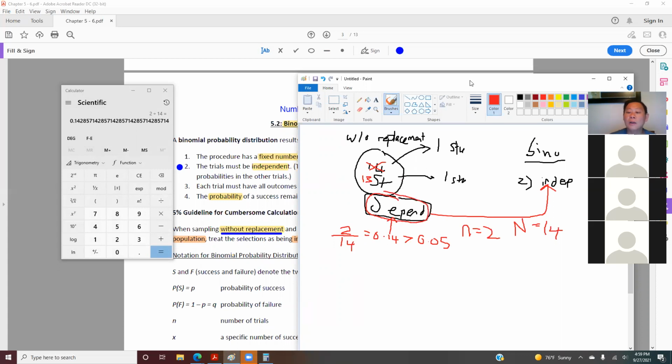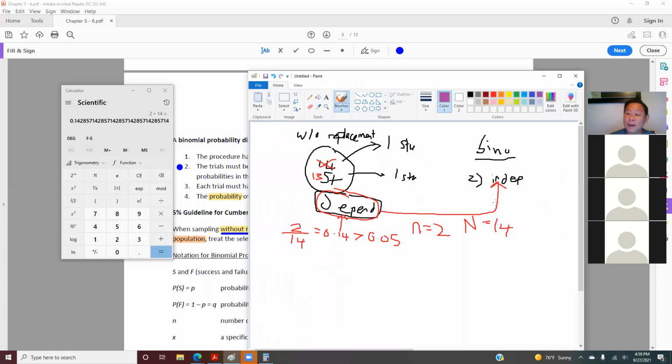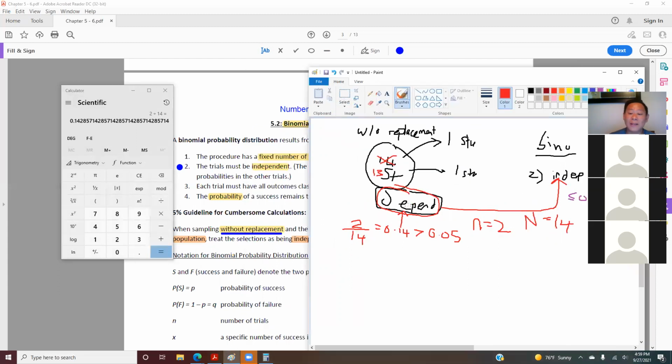In order for us to have an independent case, this number has to be less than 0.05. Since this is more than 5%, it is a dependent case, so when I pick these 2 students out of these 14, it is not a binomial distribution. It is not a binomial distribution because it fails the second requirement.